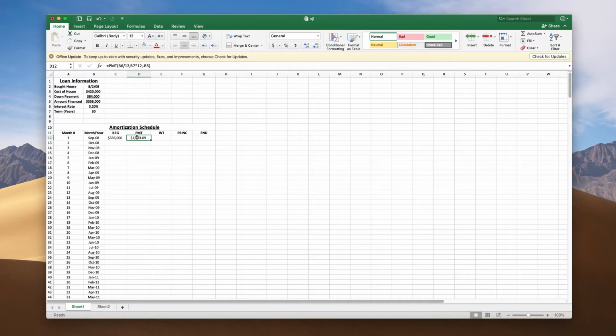So I'd left click right in the middle of that cell, come over here, and watch what happens when I drag this down. We're going to have a problem that we're going to fix.